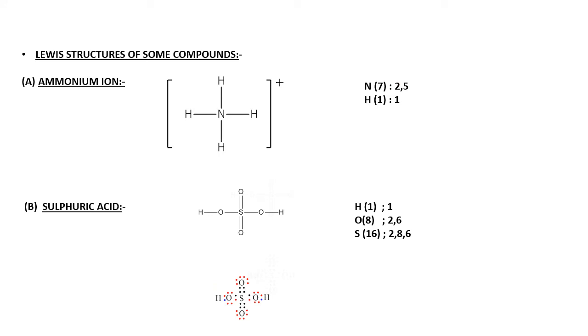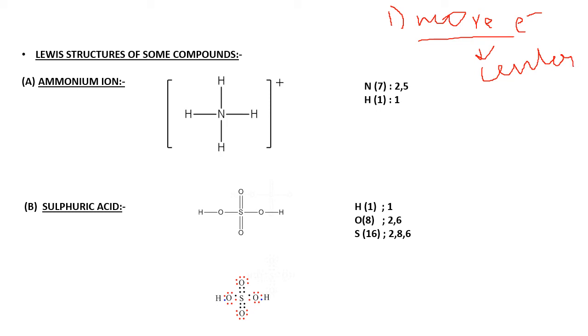Now there are some Lewis structures of some compounds. See beta, we have to follow some rules for making the Lewis structure of compounds. The very first rule is that the element which requires more electrons to complete its octet always comes in the center, while the others remain at the corners.